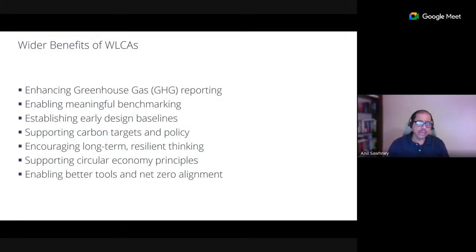Many of these large companies utilize a money or spend-based analysis. They make a very high-level assumption: if we spend $1 million in a certain part of our operations, the emissions from that activity, based on the dollar value of spend, are used to do GHG reporting.